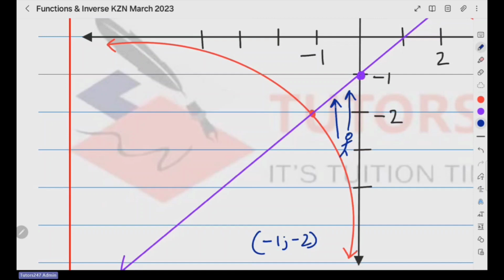So as you're walking to the right, the purple function is above. We don't want that. We want the purple function to be below. The red function must be on top. So we now know that to the right of x is equal to -1 does not work for this question.